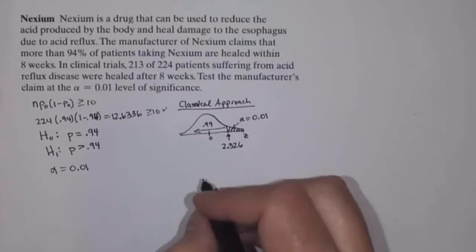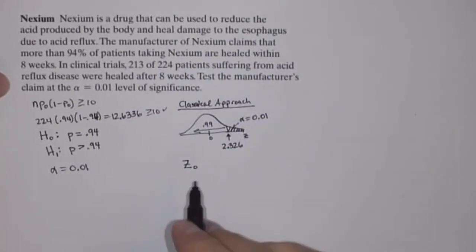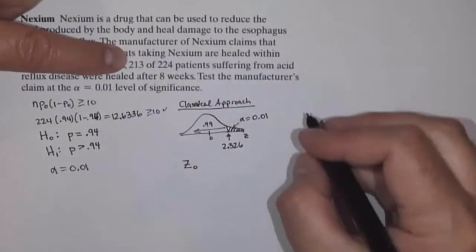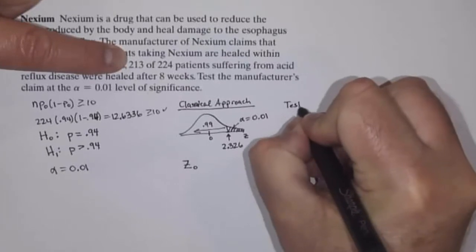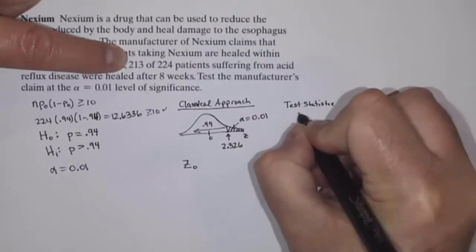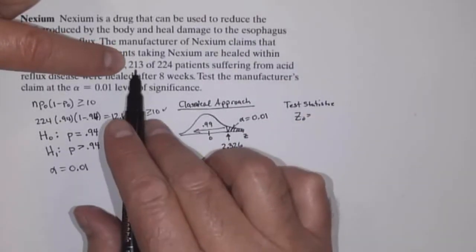Now I need to calculate the test statistic. So I need to calculate Z0. In order to calculate Z0, I need to know what p hat is.